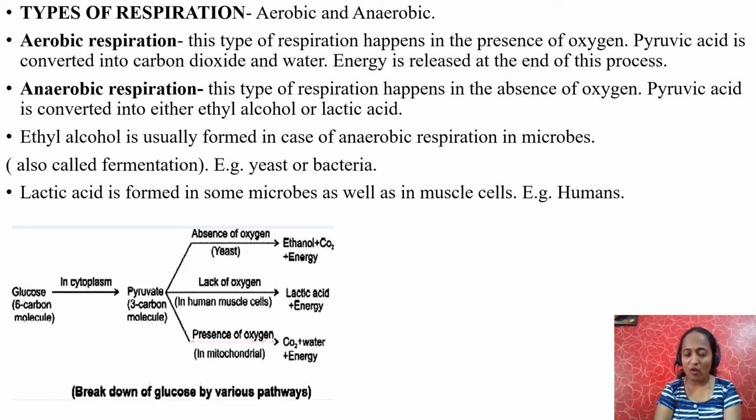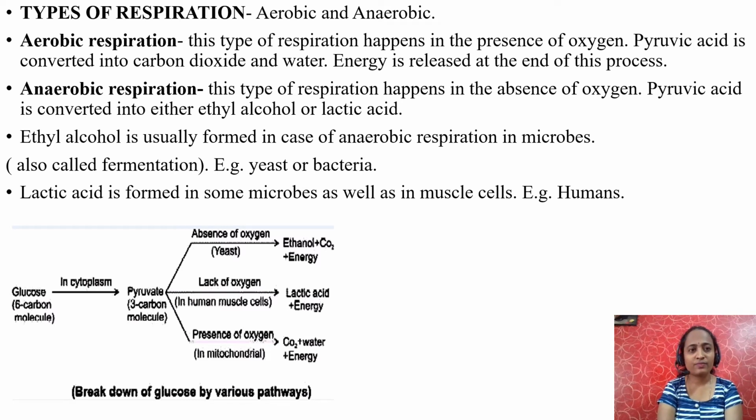The supply of oxygen will be less, so the demand of oxygen will be more for further breakdown of pyruvic acid. If oxygen is not available, pyruvic acid is anaerobically or partially broken down and produces lactic acid. For example, it takes place in muscle cells of humans and seeds of plants. That is why the seeds are different in taste, sour in taste. That sourness is due to lactic acid.